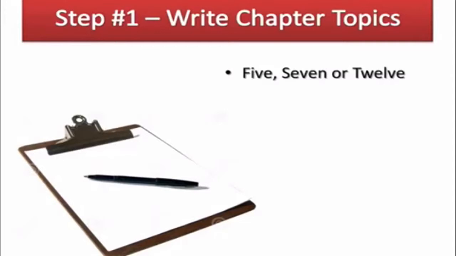Okay, and once you've written down each one of those topics for the chapter ideas you want to have, whether it's 5, 7, or 12, you will then, on that sheet of paper, write down any ideas that you would brainstorm on, topics that would be relevant, that you would think would go under that topic.